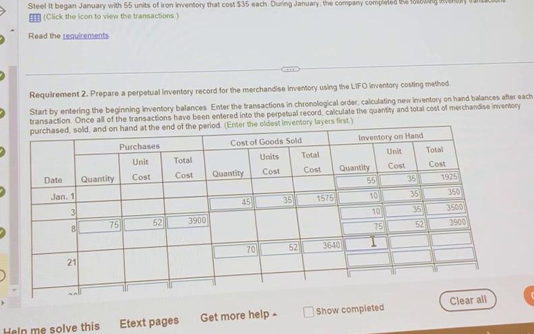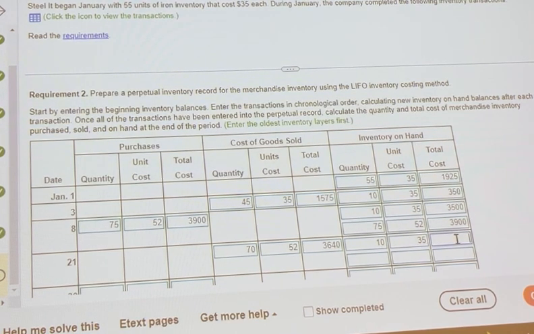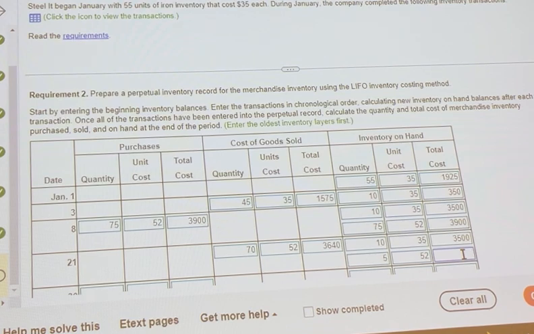And so after that sale on the 21st, what we'll have left is 10 of the old ones at $35 each, total of $350, and we'll have just 5 of the new ones left at $52 each, $260.